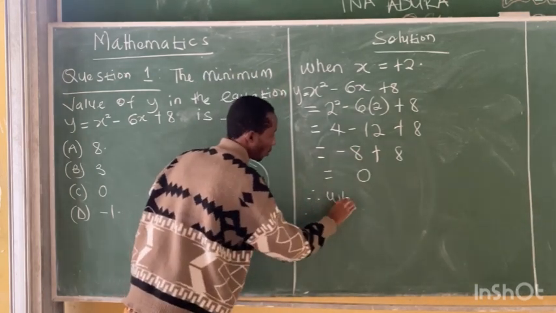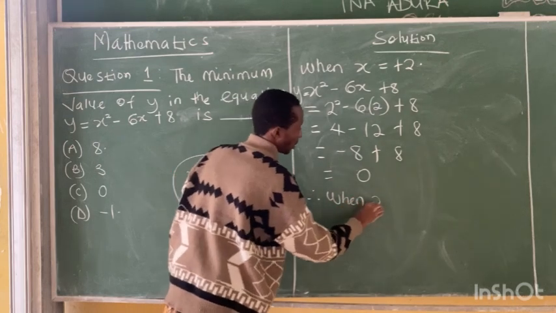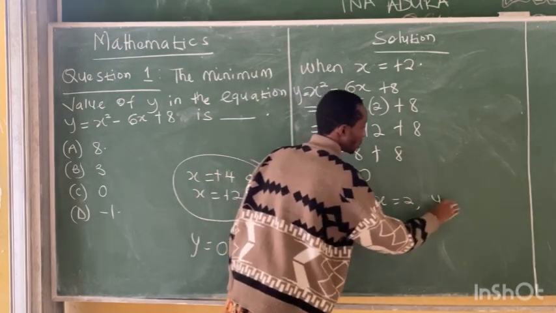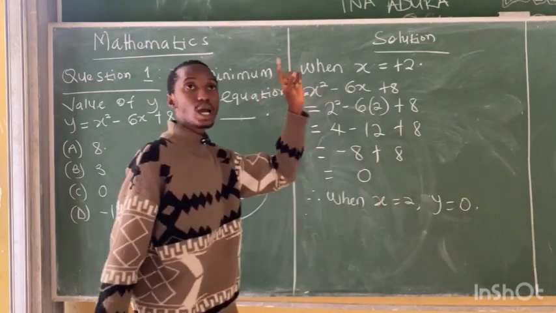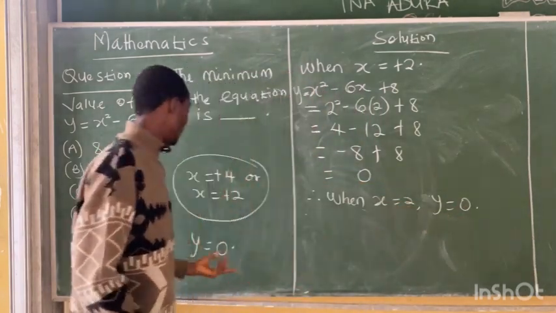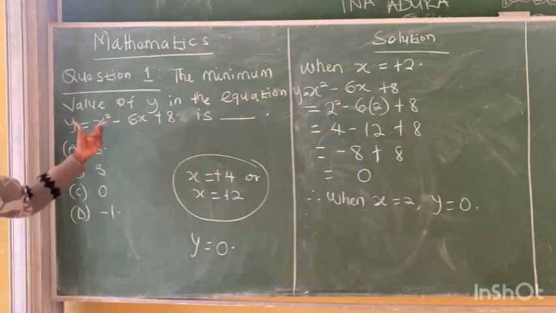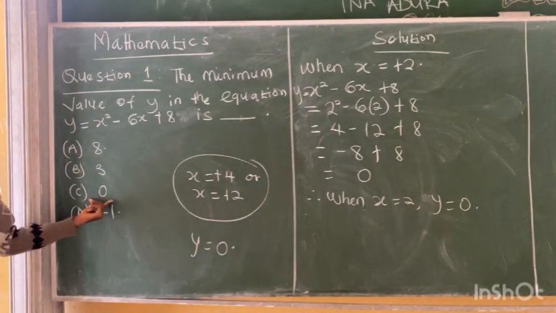Therefore, when x is equal to 2, y is equal to 0. So for the first term we checked, it gave us 0, and the second term we checked, it also gave us 0. It therefore means the final answer for y is 0.